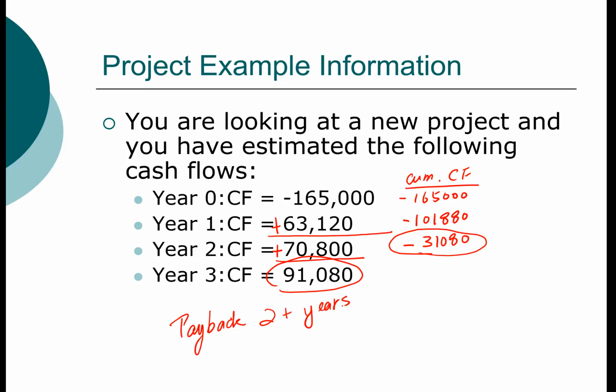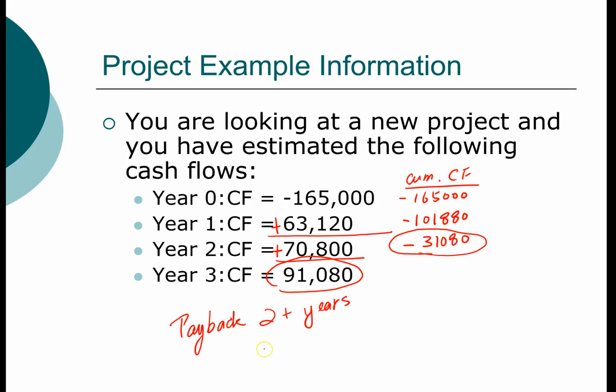Now we can get a little bit more precise, but in order to get a little bit more precise, it actually requires us to make a very important assumption. And that very important assumption is, when do we get the $91,080 in year three? If we assume that we get that money back evenly throughout year three, meaning each month we get the same amount, then we can prorate the amount of money that we owe.